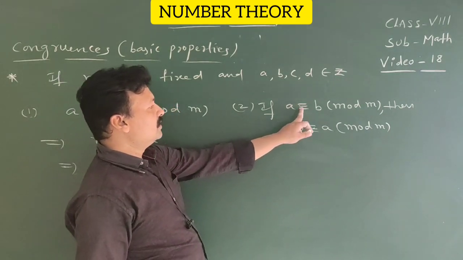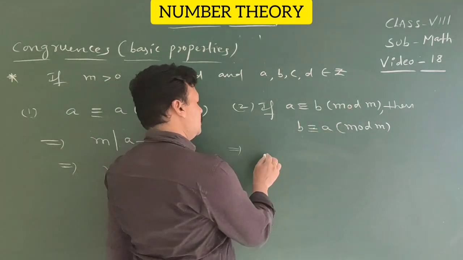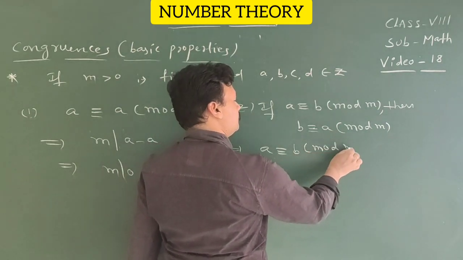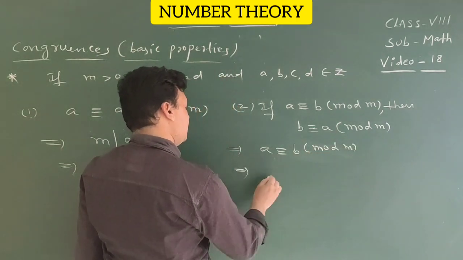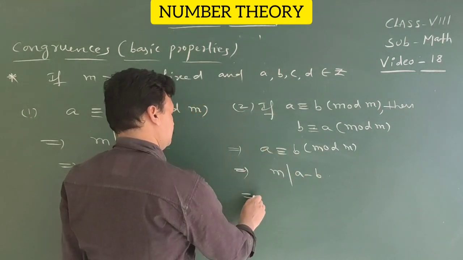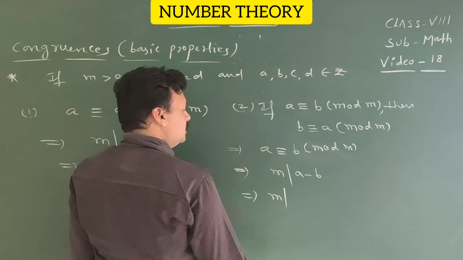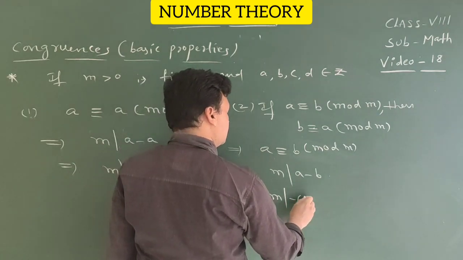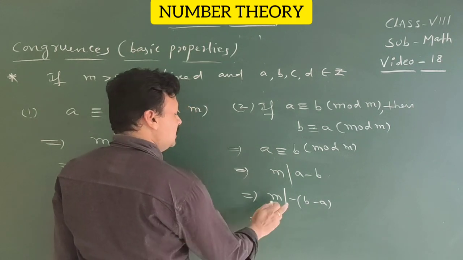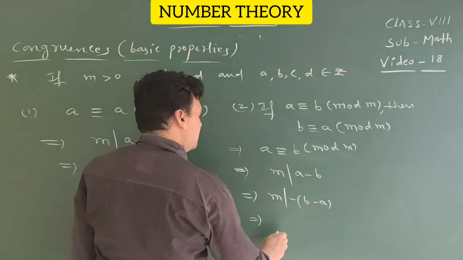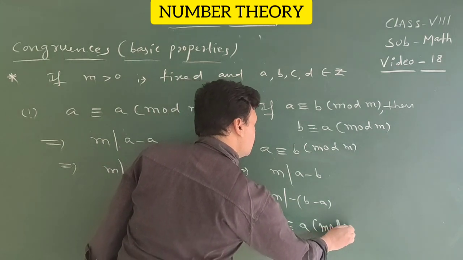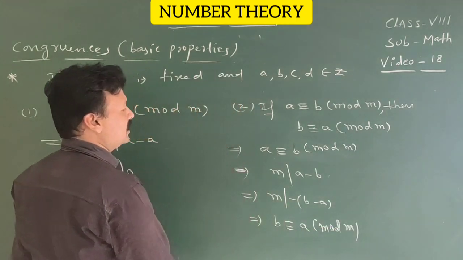Here a congruent to b mod m means m divides a minus b. Now, if you take minus common, then a minus b turns into b minus a. So m divides b minus a means b is congruent to a mod m. Important.